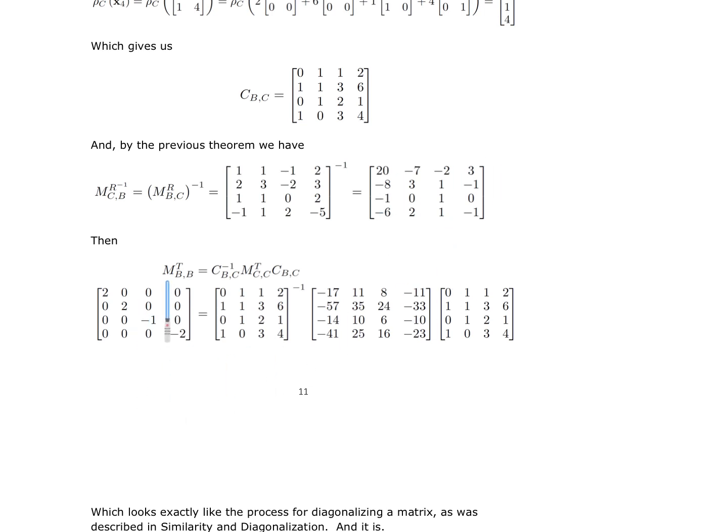And so my matrix representation of the linear transformation from B into B can be written as the inverse of the change of basis from B to C, multiplied by my matrix of the linear transformation from C into C, multiplied by the change of basis matrix from B into C. And notice how my lambdas, which are part of my diagonalization, can be written in this way.